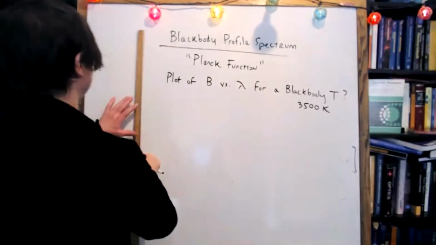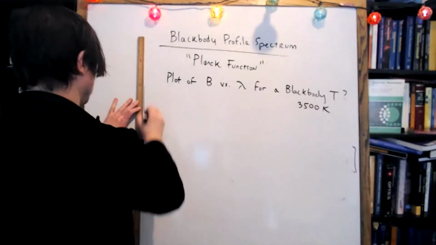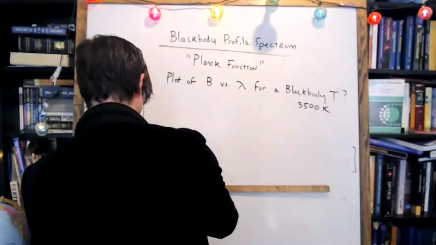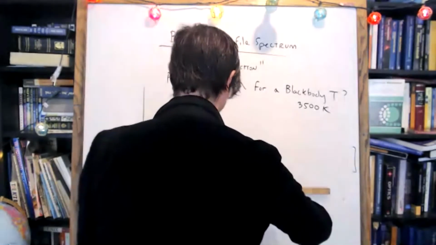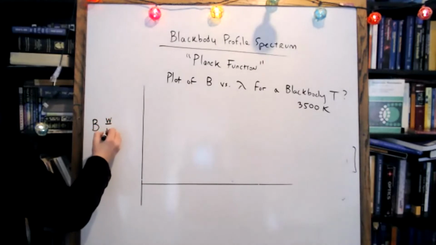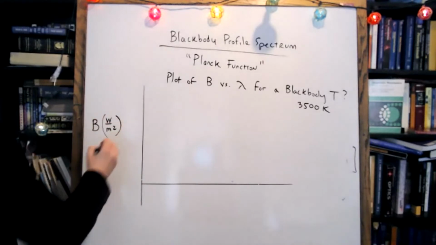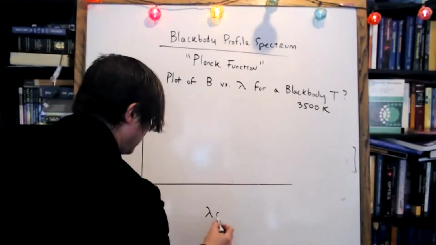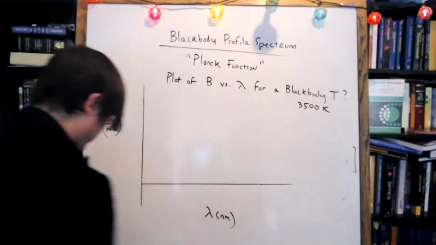So on the y-axis, I will plot the brightness in watts per meter squared. On this axis, I will plot the wavelength in nanometers.